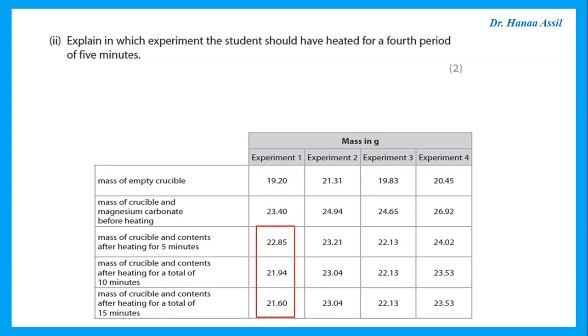But in experiment 1, okay, the mass is decreasing, but it is still decreasing after 15 minutes, so he should have continued heating. In all the other experiments, the results after 10 minutes and after 15 minutes are the same. So the mass has become constant. But in experiment 1, the mass is still decreasing.